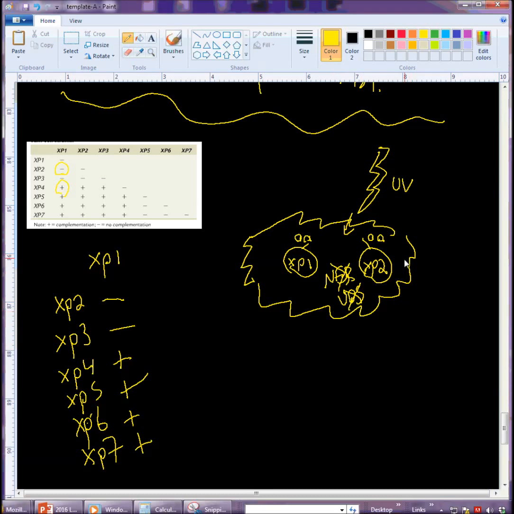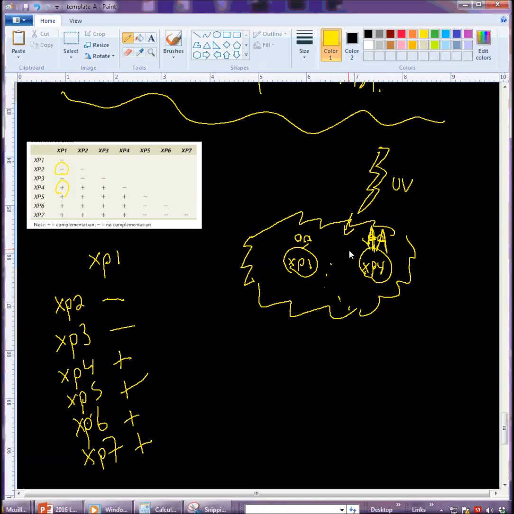Okay. However, if we form a different heterokaryon, let's get rid of XP2 here. Let's take XP4, the first one that worked. XP4, okay, well, UDS works here, so XP4 must have functional A's.